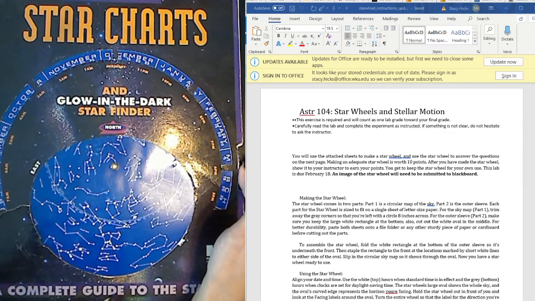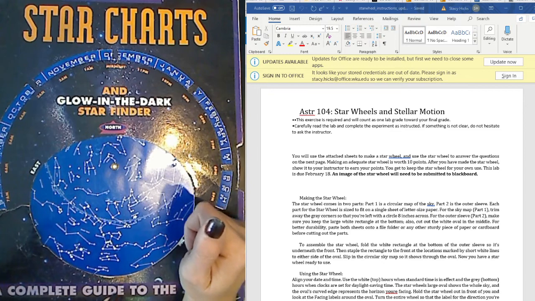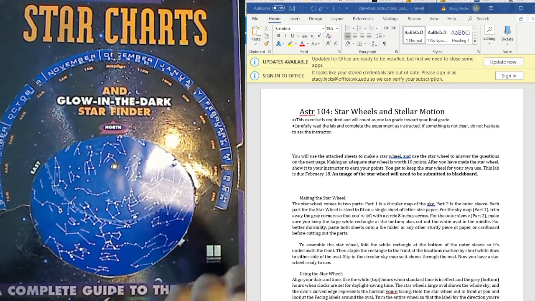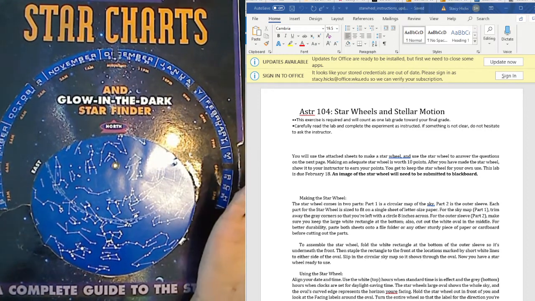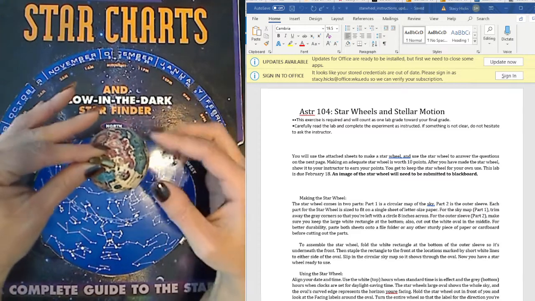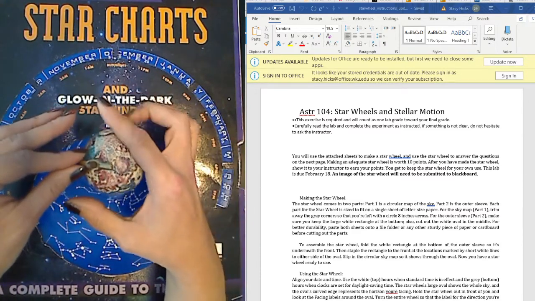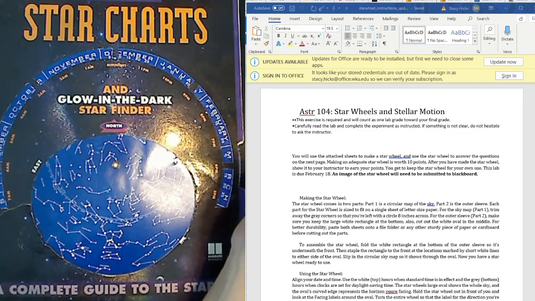As we look at the motions of the sky, there are 2 cycles that we see. One is the daily cycle as the Earth turns on its axis, through one rotation in 24 hours.